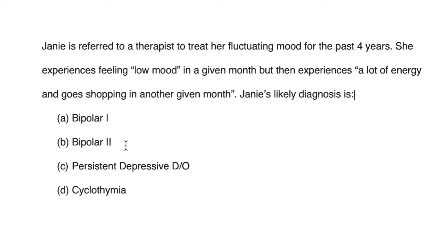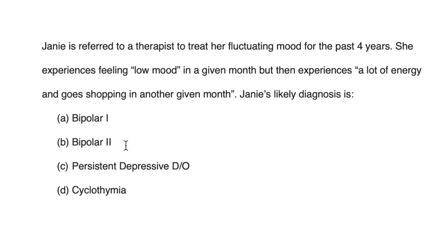Option B, bipolar 2. So again, with bipolar 2, somebody has to have at least one episode of hypomania in the past and a less severe episode or current major depressive criteria, but no history of any manic episode. And hypomania, again, is a lesser form of mania.